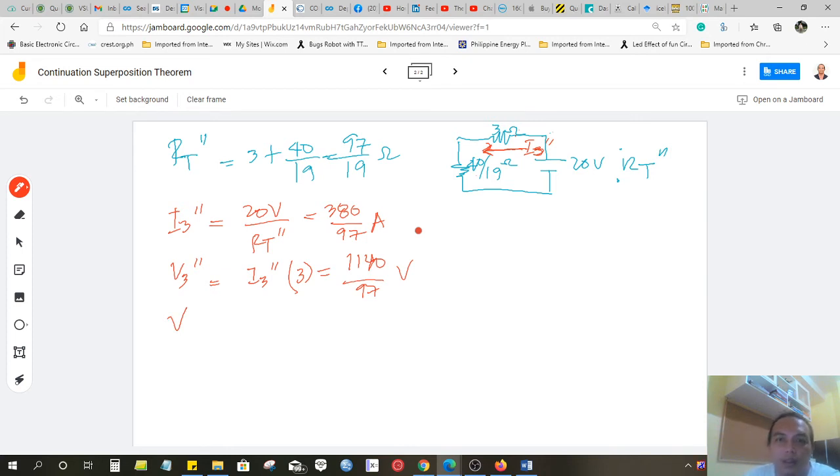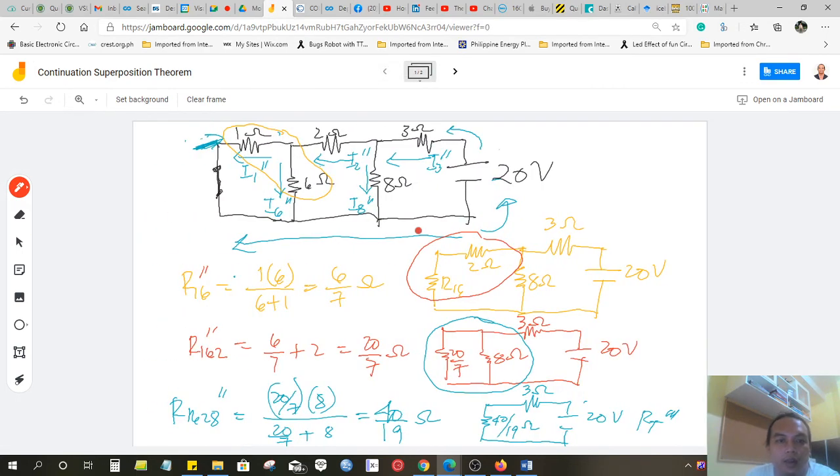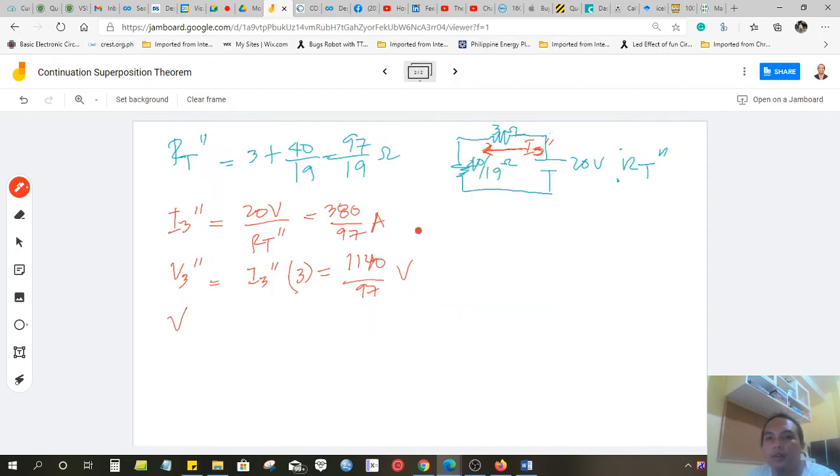Also voltage sa unsa ni nga resistor, resistance, that is ngare sa 1628. So or you can have subtraction, no?